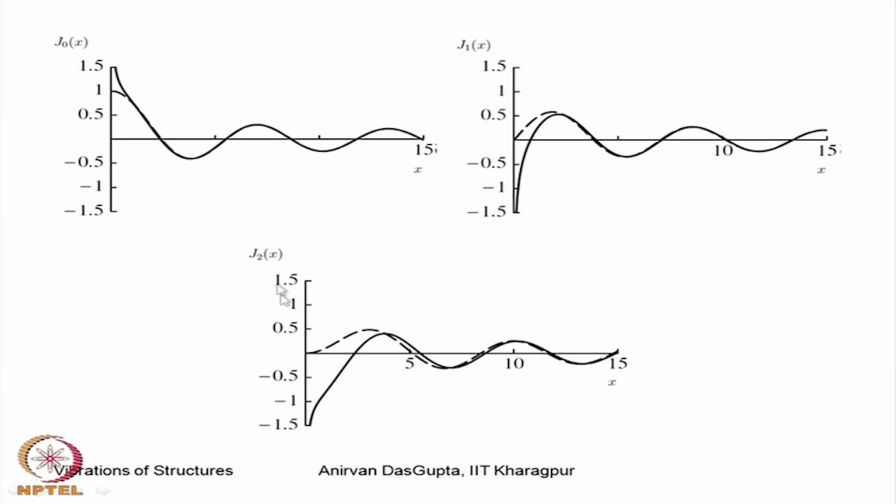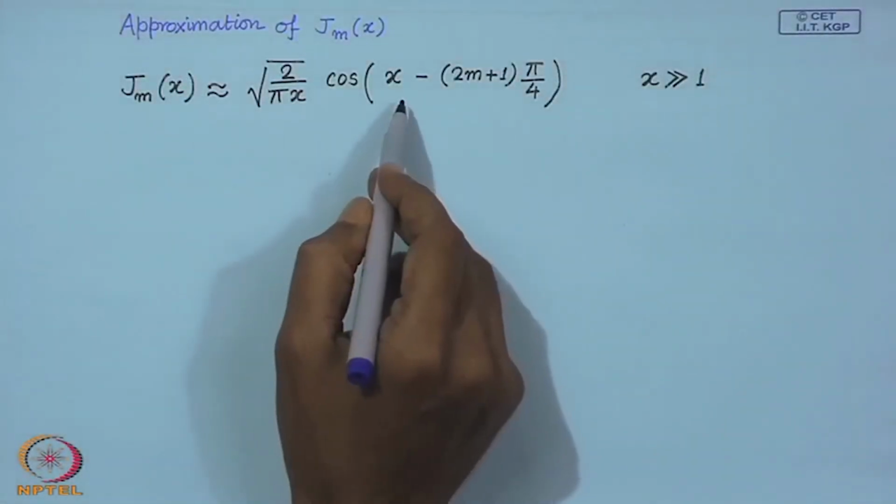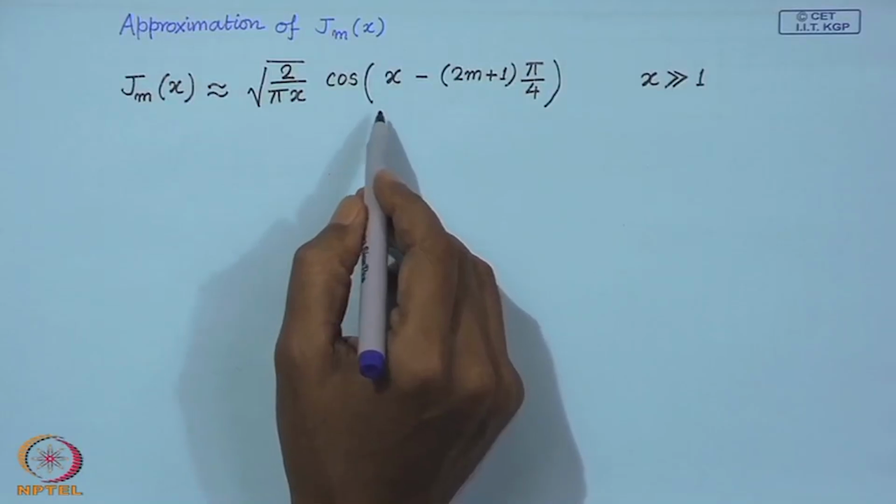For J 2 this approximation is not so good for the first root. There is some error in the second root, the third root is close, and from the fourth root it is quite good. So, you can expect that this approximation is going to give us the roots.